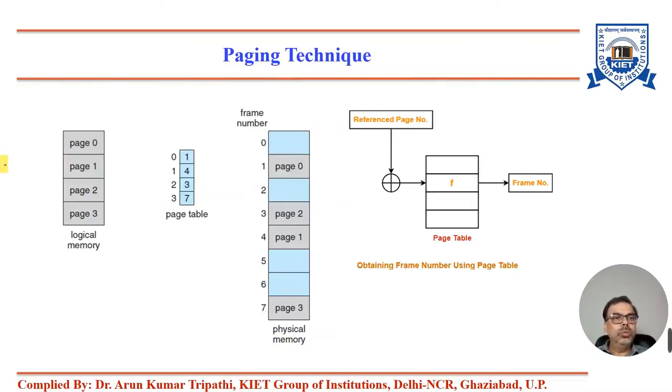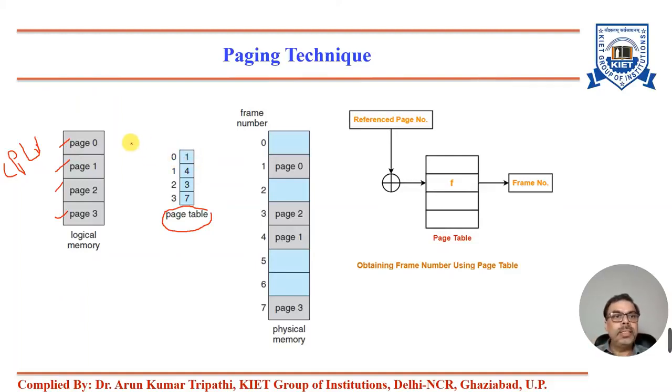Suppose the CPU generates some address in terms of pages: page 0, page 1, page 2 and page 3. There is a mapping scheme known as the page table. The page table defines which page will reside on which frame.